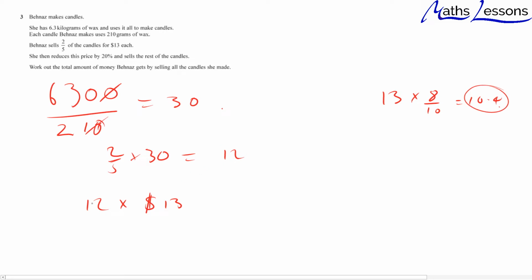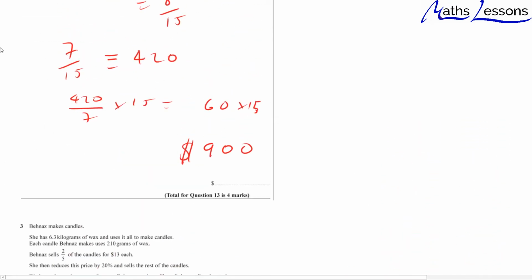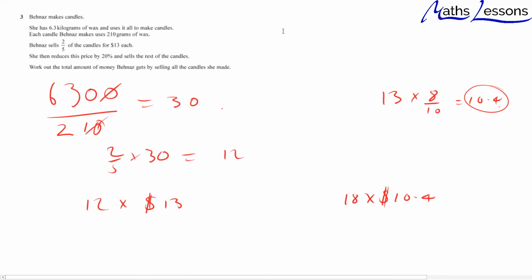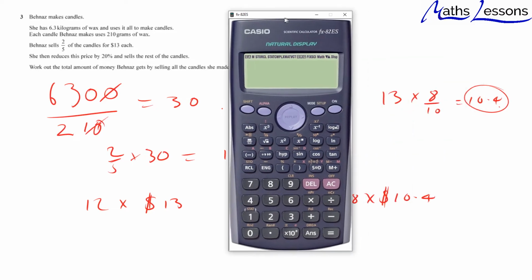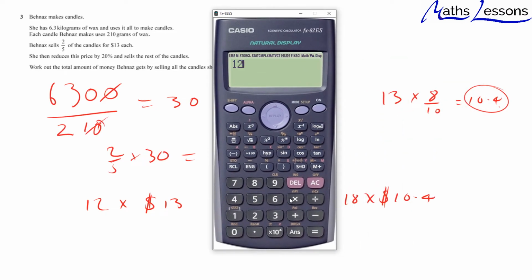Got 12 sold at $13. Okay, and we're going to have therefore 18 times $10.4. Most of you are probably going to use a calculator and just do that.